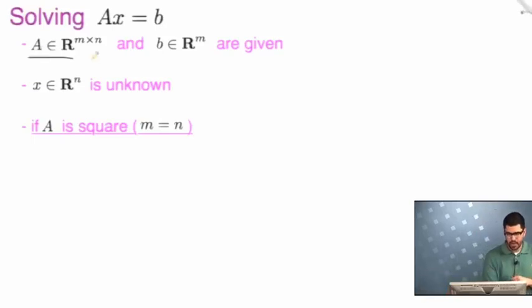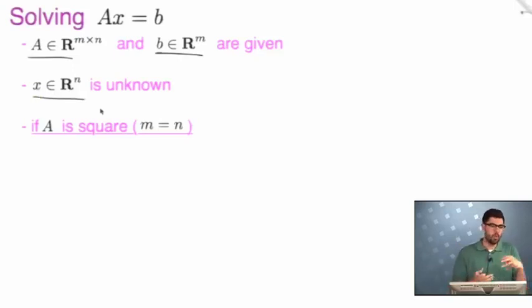So first of all, again, I define A as a matrix of m by n, b is a vector of length m, and x is a vector of length n. And x are our unknowns, A and b are given. First of all, we have to decide what kind of matrix it is. Let's start with the simplest. Is it square, meaning that the dimensions m and n are the same? So it's a square matrix.